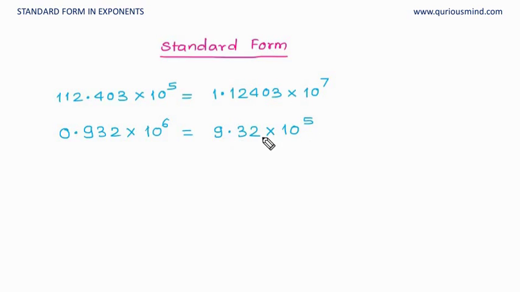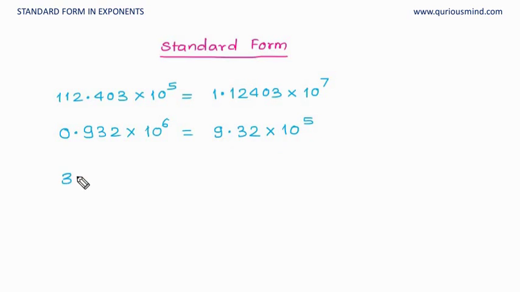The reduction or increment depends upon how many places you have moved the decimal point. Here we have moved the decimal point 2 places, so we increment the power by 2. Here we have moved by 1 place, so we reduce the power by 1. Let's take one more example.